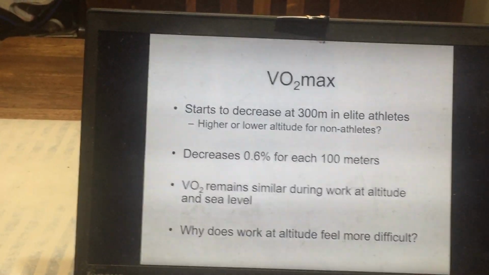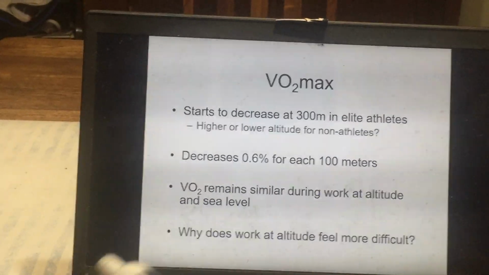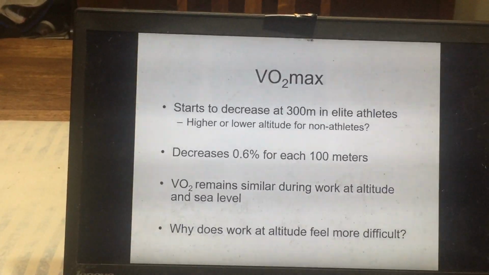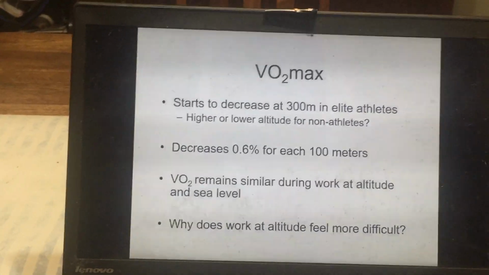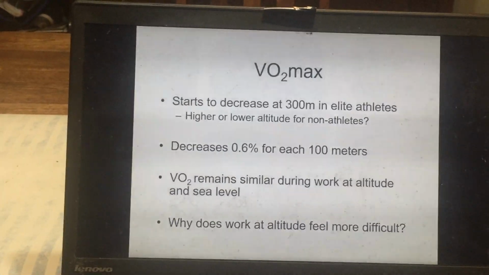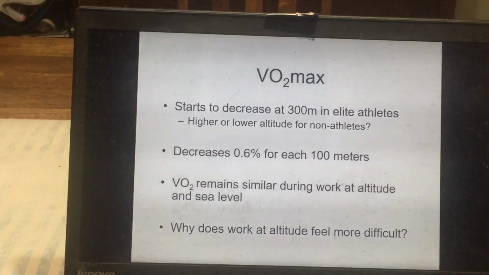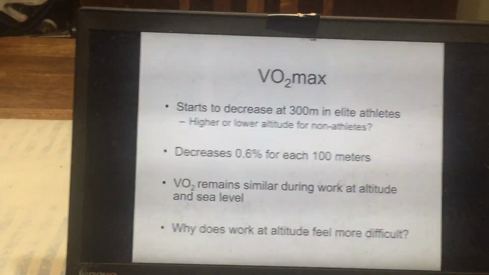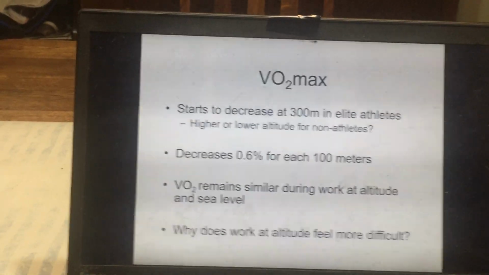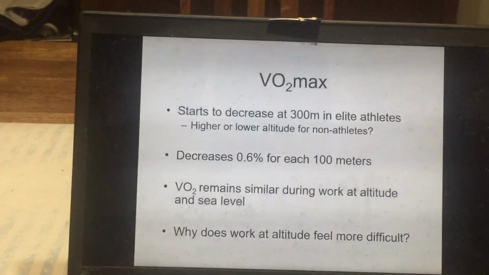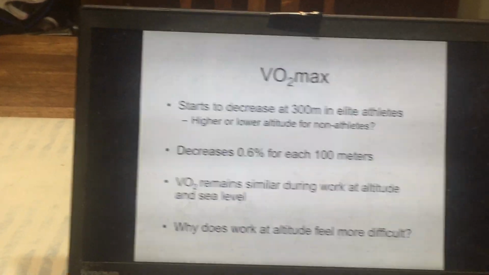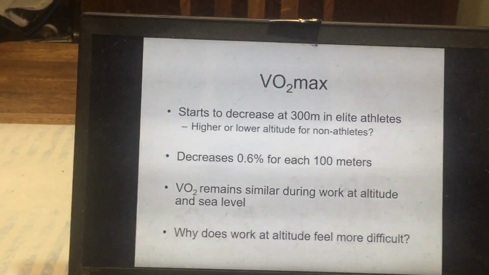So what's happening is that the blood is flowing past the lungs at a very high rate, and anything that affects the delivery of oxygen to the lungs is going to have a dramatic effect with that offloading of oxygen from the lungs to the blood when the blood's going past the lungs at a very high rate.